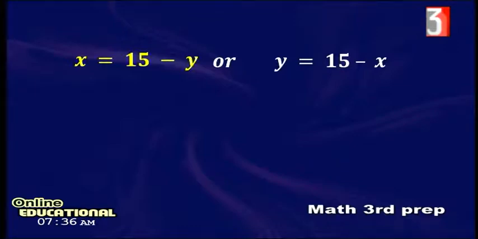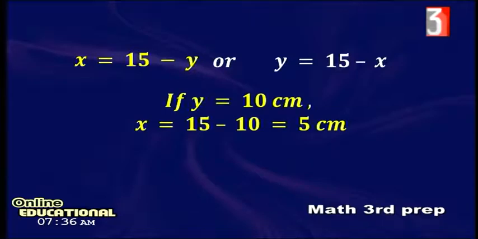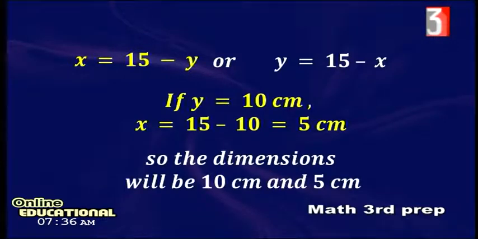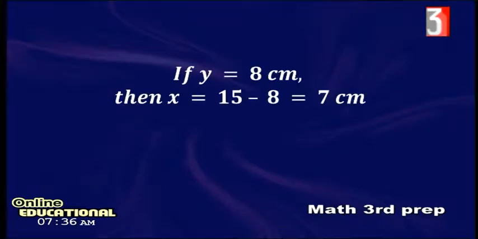Then, what about the dimensions? If y equals 10, then x is 15 minus 10, to obtain a result of 5 centimeters. And we can say that the dimensions will be 10 centimeters and 5 centimeters. But if y equals 8, what about the other dimension? Yes, x equals 15 minus 8, to obtain 7 centimeters.